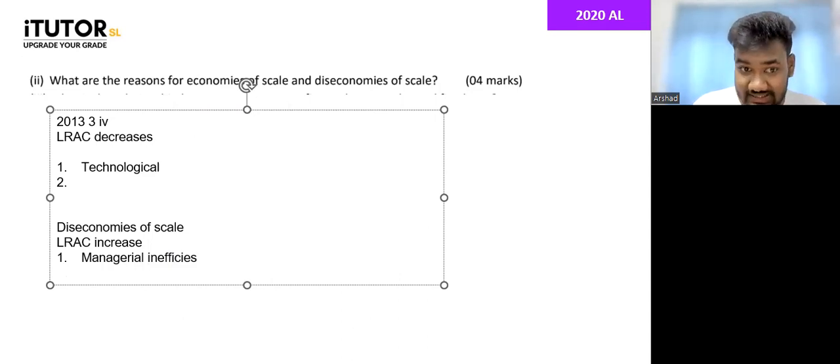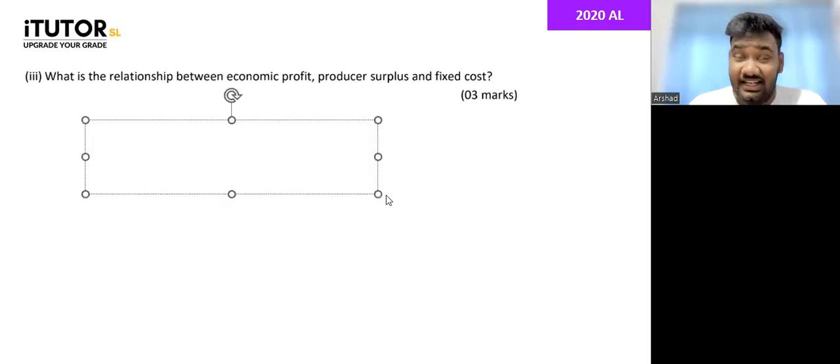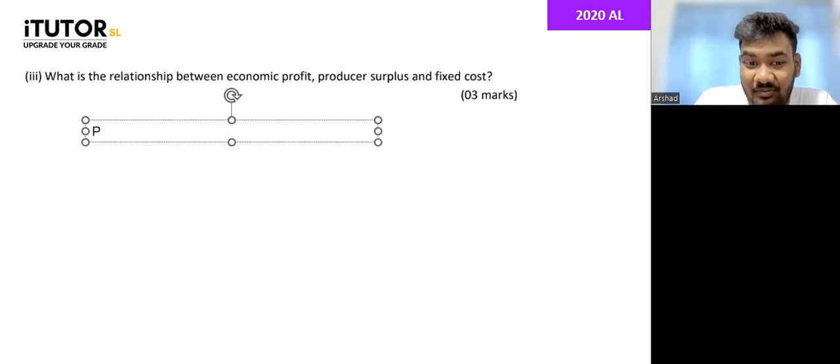Going to the next. What is the relationship between economic profit, producer surplus, and fixed cost? What's the relationship? Remember, producer surplus, which we did discuss in a previous question, is equal to total revenue minus total variable cost.